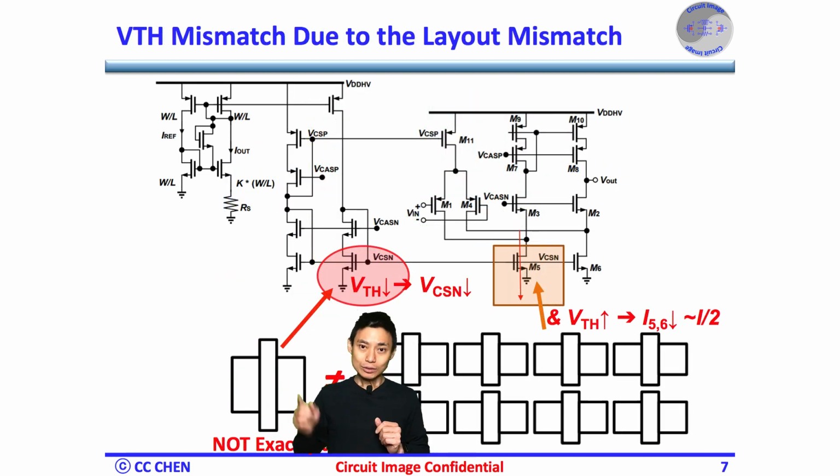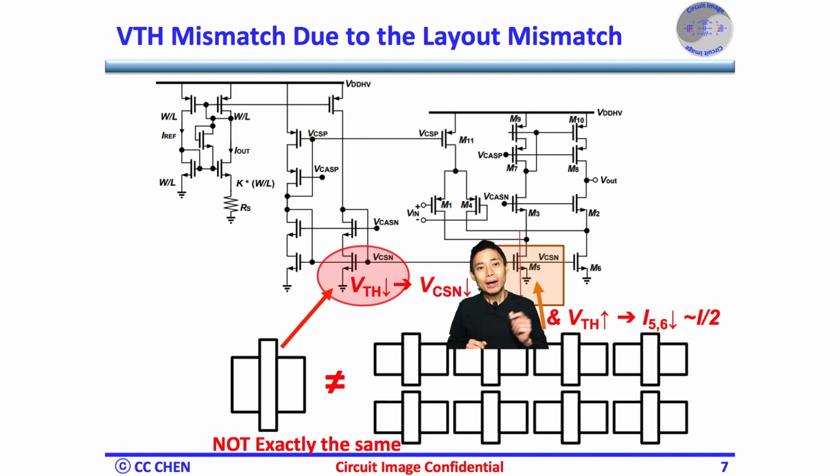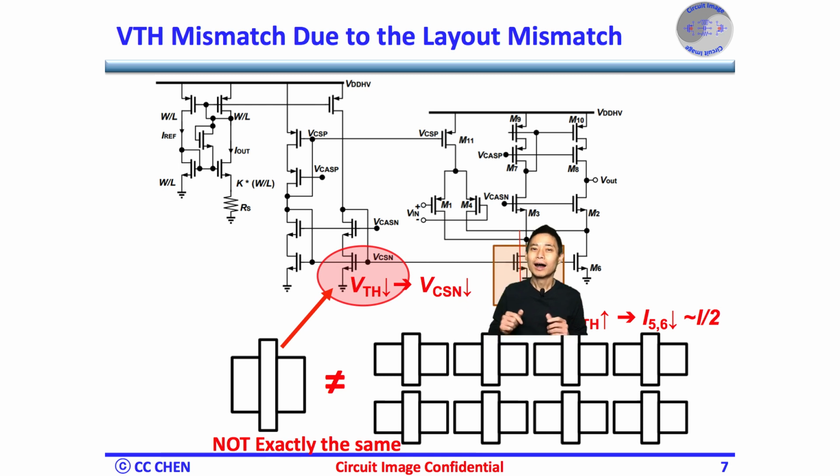Great. We could start from the threshold voltage, VTH. If the bias current unit has a lower threshold voltage or higher doping, the bias current will generate a smaller diode voltage VCSN to the OTA.